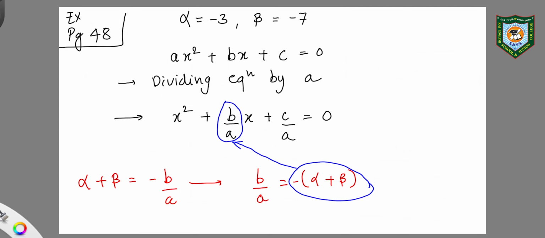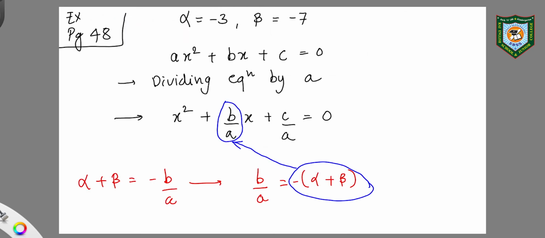Now, moving on to c by a. We know that alpha into beta is equal to c by a. As we can see in our equation, we have c by a here, so I can simply substitute c by a is equal to alpha into beta.